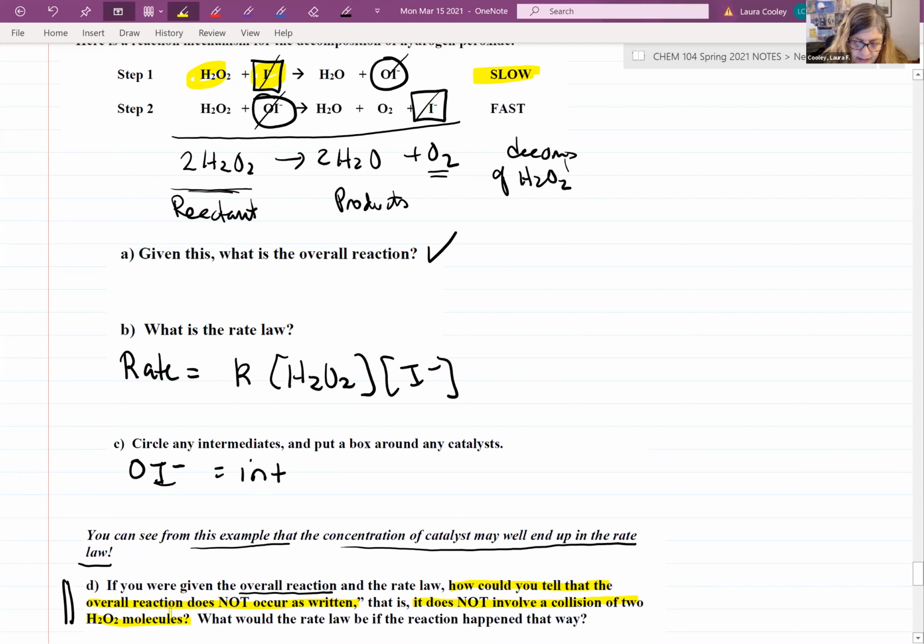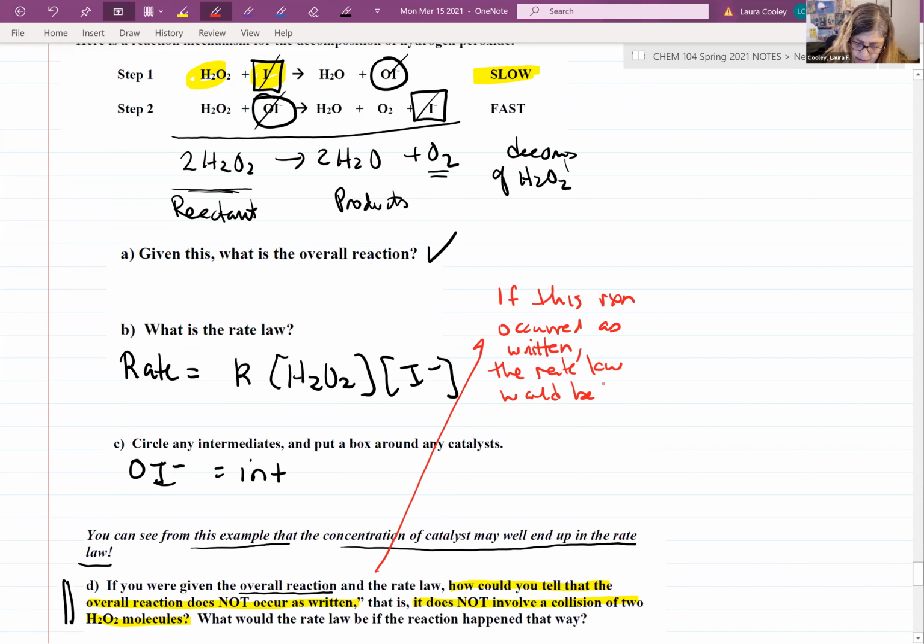Supposing this reaction, so this is speaking to this question, if this reaction occurred as written, what would the rate law be? So if it actually happened this way, what would the rate law be?